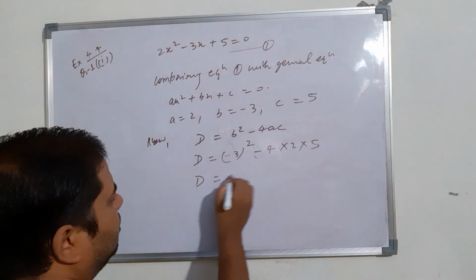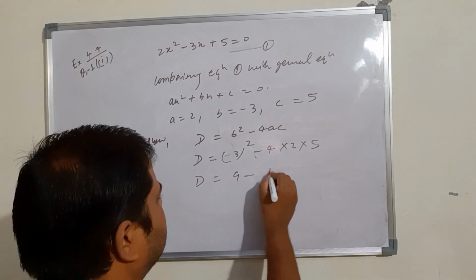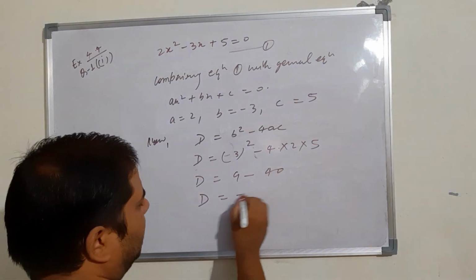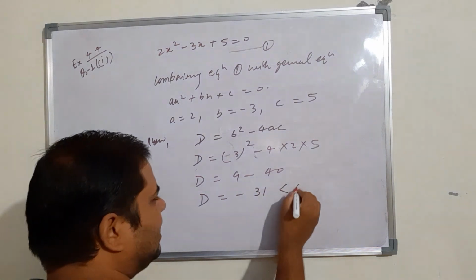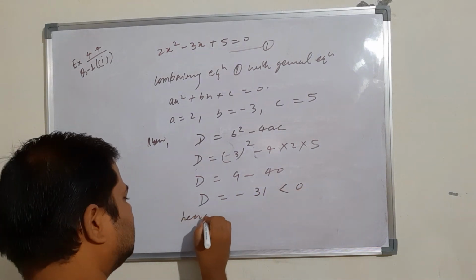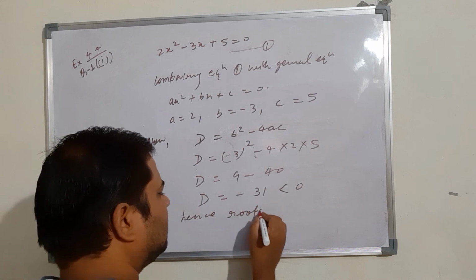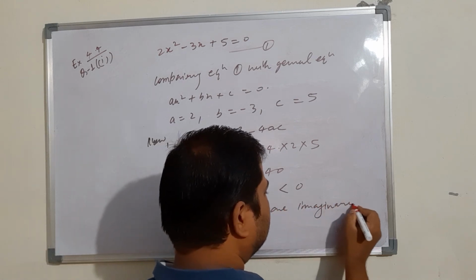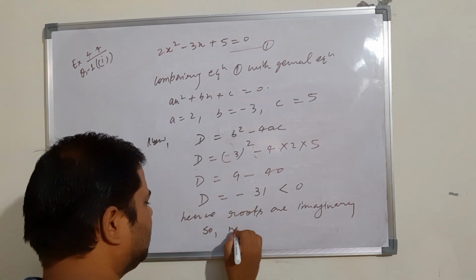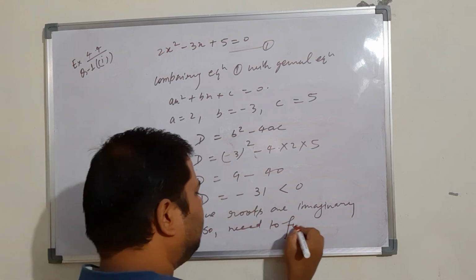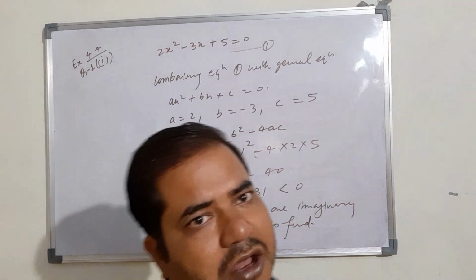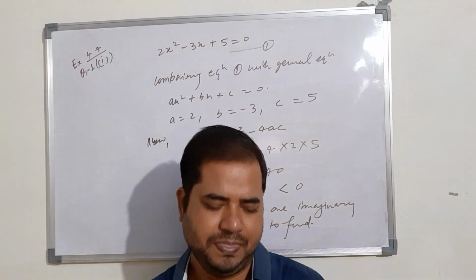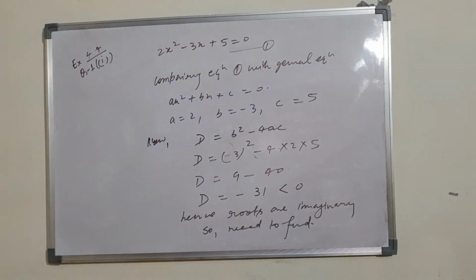So D is equal to 9 minus 40, which is minus 31, less than 0. Hence the roots are imaginary. So no need to find them, because we have to study here only the real roots. Okay. Now you have to see the next question.